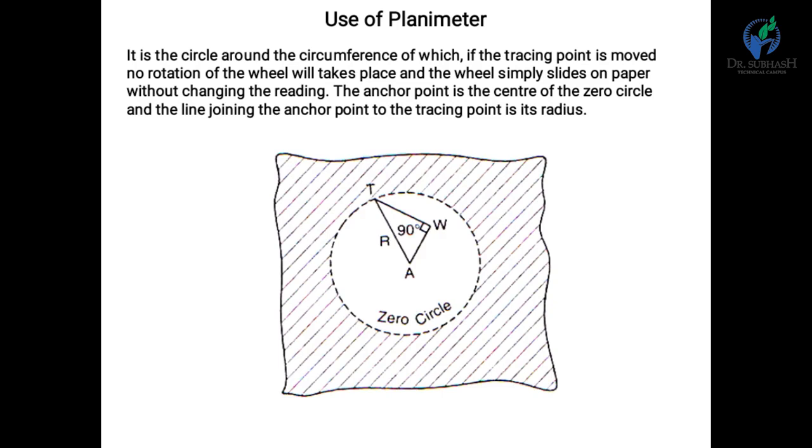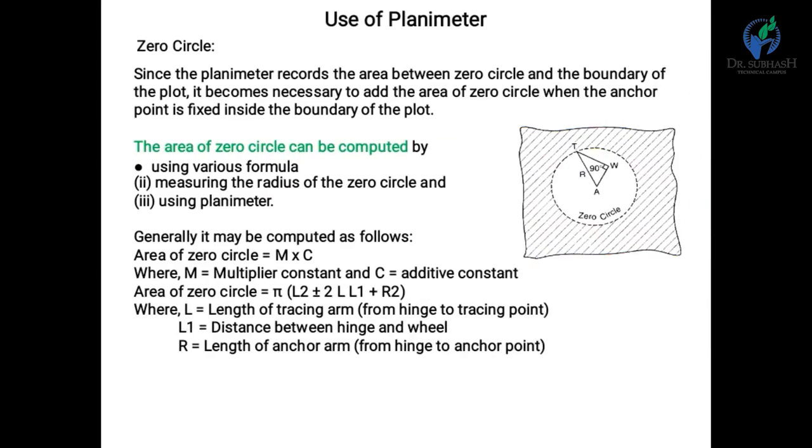Now, another use of the planimeter: there is a portion where, when we move the tracing arm, the reading doesn't change. That portion is called the zero circle, and we have to find the area of the zero circle separately and add it to our given area.